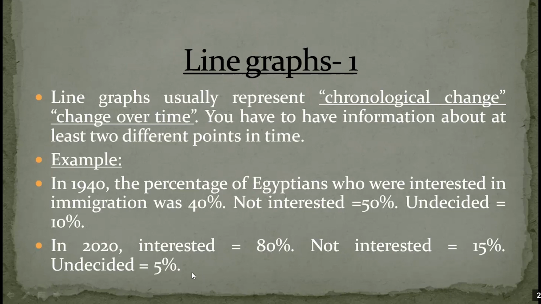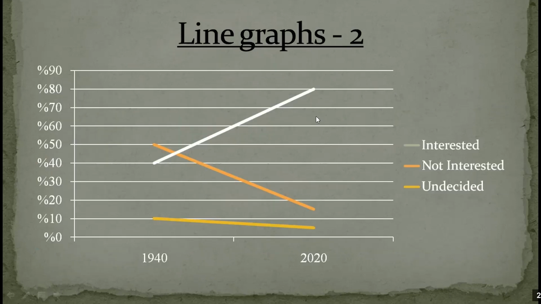Okay, so now we can represent that in the form of a line graph. It will be like that. So that's 1940, that's 2020. Interested increased from 40 to 80, not interested decreased from 50 to 15, and undecided decreased from 10 to 5. That's a line graph.